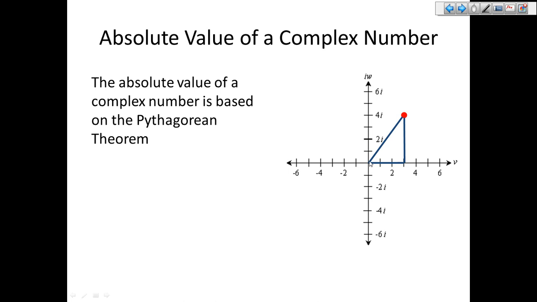If I asked you how long is this line, you could use the Pythagorean theorem to find it. And that's what we're going to do here. So the absolute value of 3 plus 4i is equal to the square root of the real component squared plus the imaginary component squared, which is equal to 5.